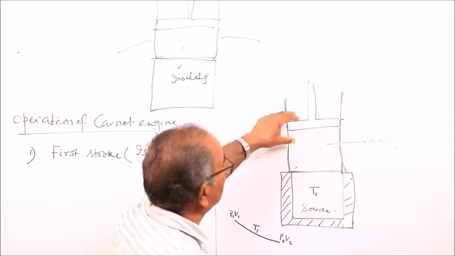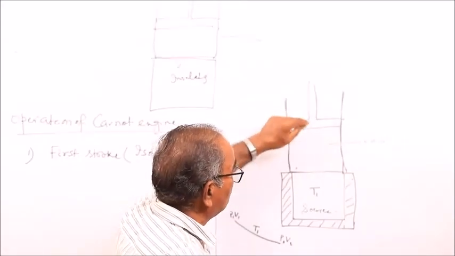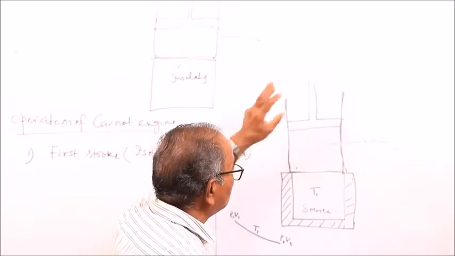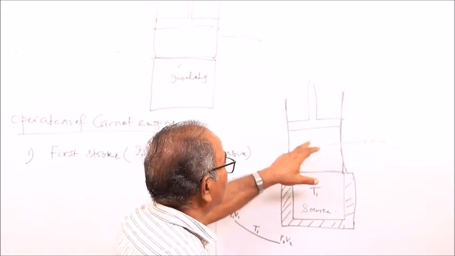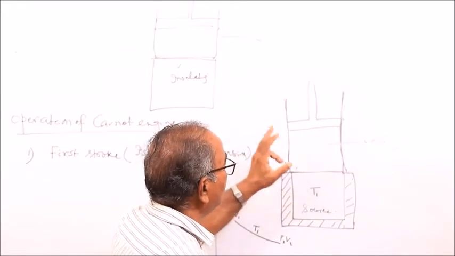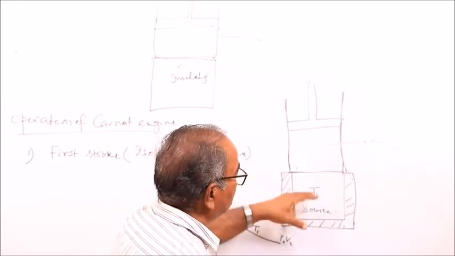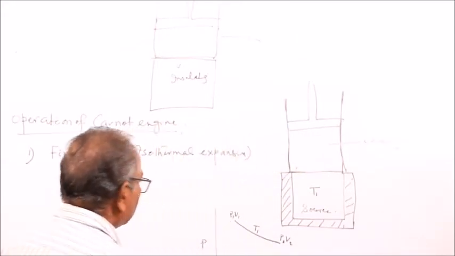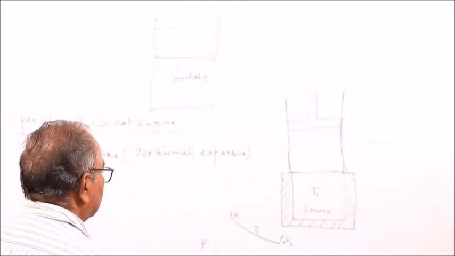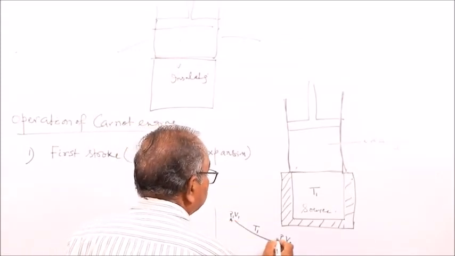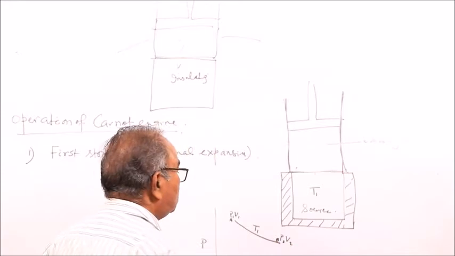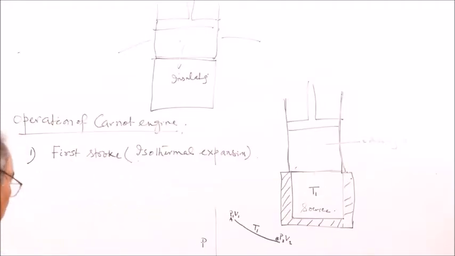The gas expands and moves the piston upward, doing some work. This continues till its pressure changes from P1 to P2 and volume from V1 to V2, with temperature remaining the same T1, and that is indicated by the graph AB. This is the first stroke, or first operation, of the engine.